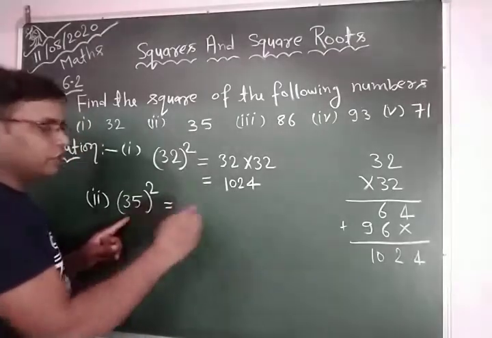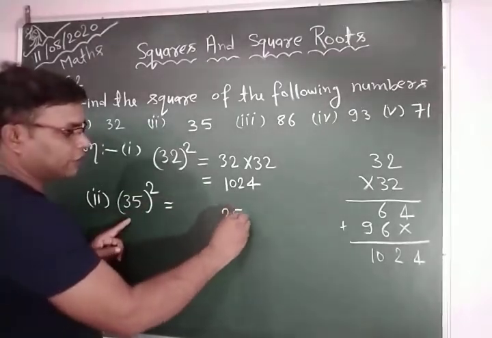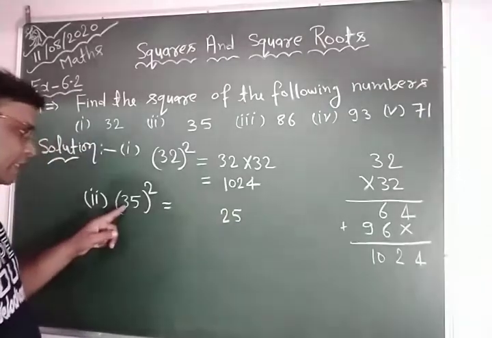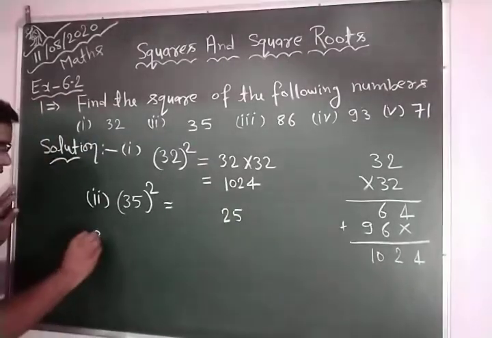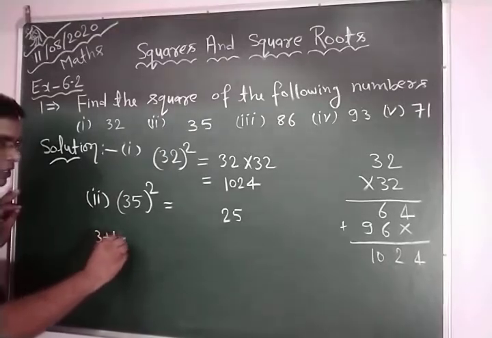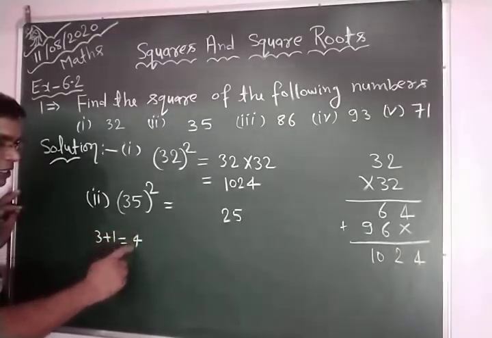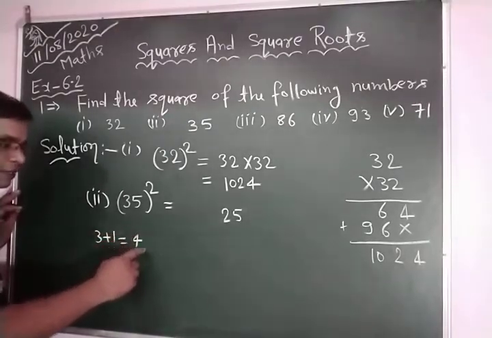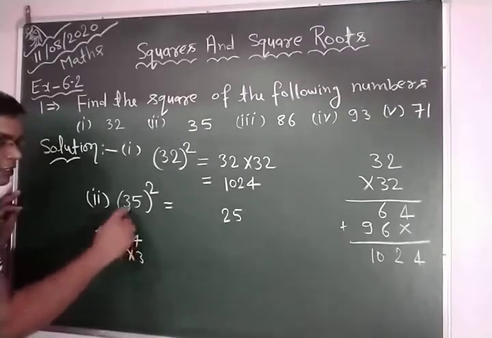After this, the next digit is 3. First we add 1 to this 3. After this we multiply this addition by this 3.